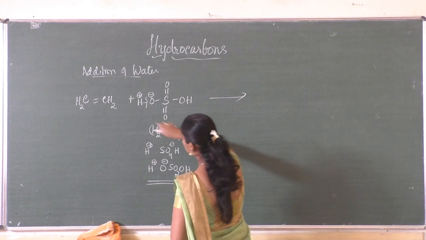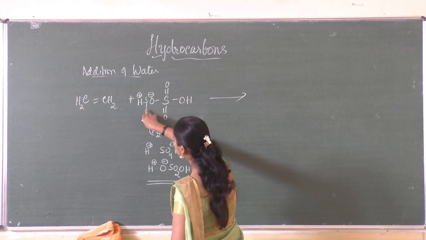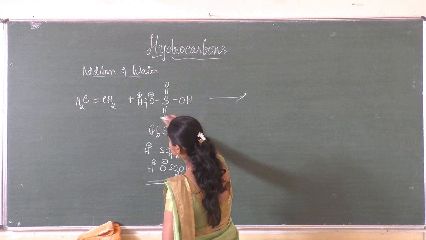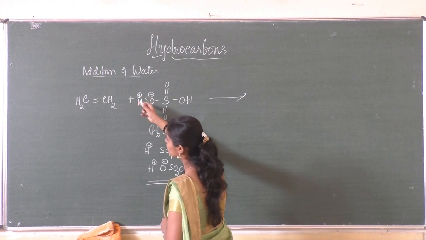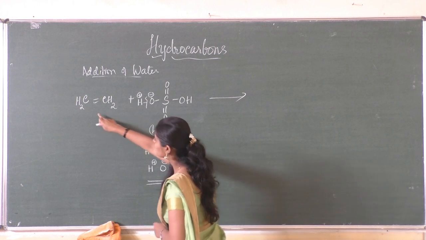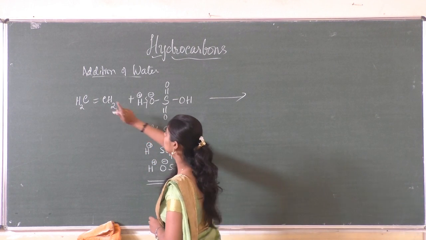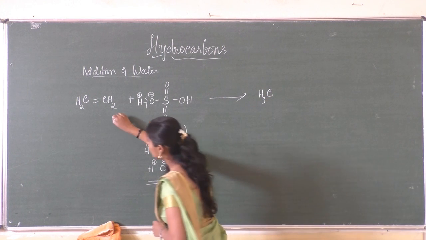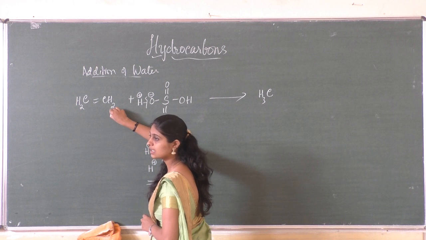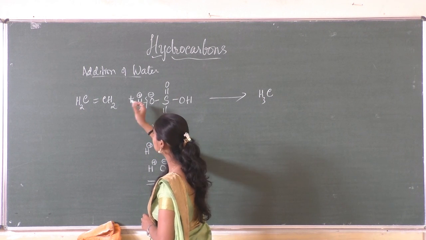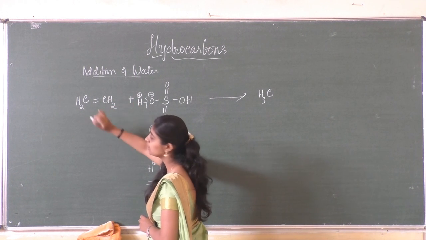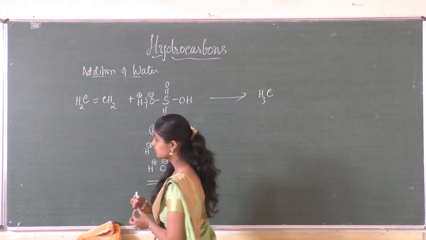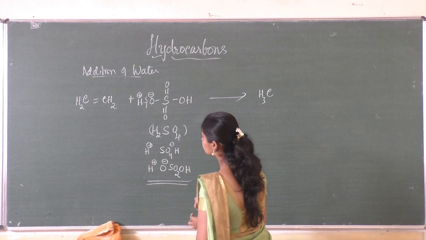So the addition takes place. This sulfuric acid tends to donate H plus ions. So this is an acid, and it cleaves so as to give an H plus ion. Here the addition takes place according to Markovnikov's rule. So it becomes CH3. Whenever you take a symmetrical alkene, there is no confusion. You can directly add H plus or O minus to any of the carbon atoms because both carbons consist of the same kind of hydrogen.